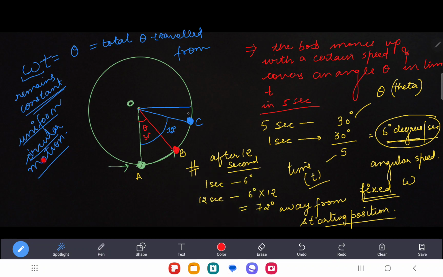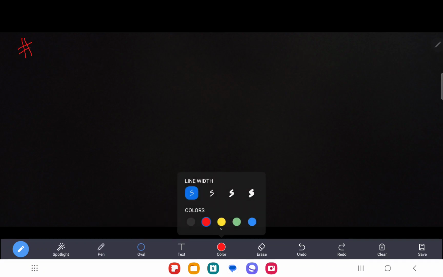If the body is moving upward and downward, it doesn't matter. It is traveling every second 6 degrees. Now, there is one more concept to this. These are small chunks that I'm discussing right now, and then I'm going to consolidate all of them. So you have understood what a periodic motion is.